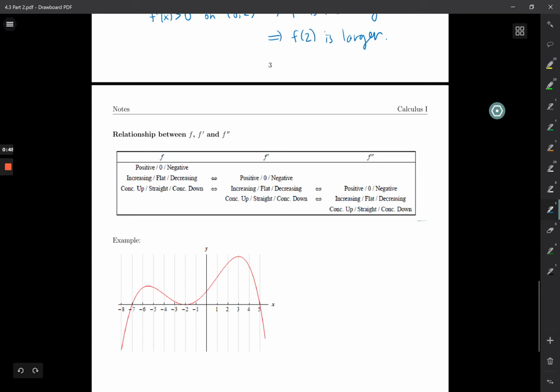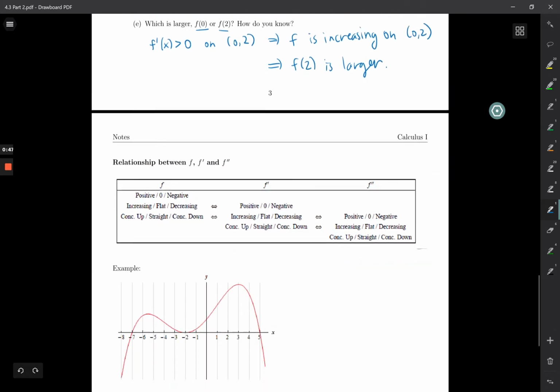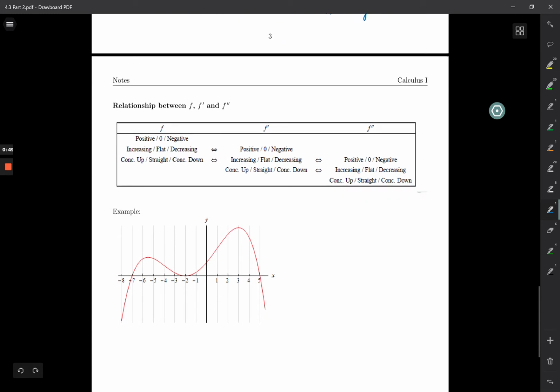So these are relationships between these three objects, or these three functions. So how you should read this is, for instance, if we focus on this line here, notice that on the left it says increasing. So increasing corresponds to f prime being positive.